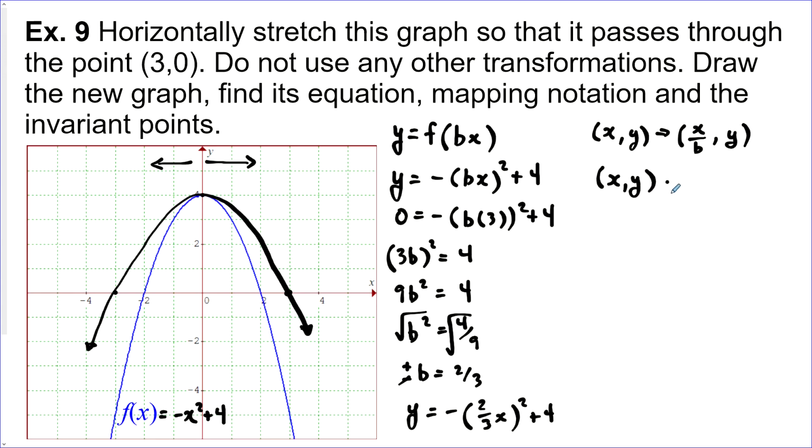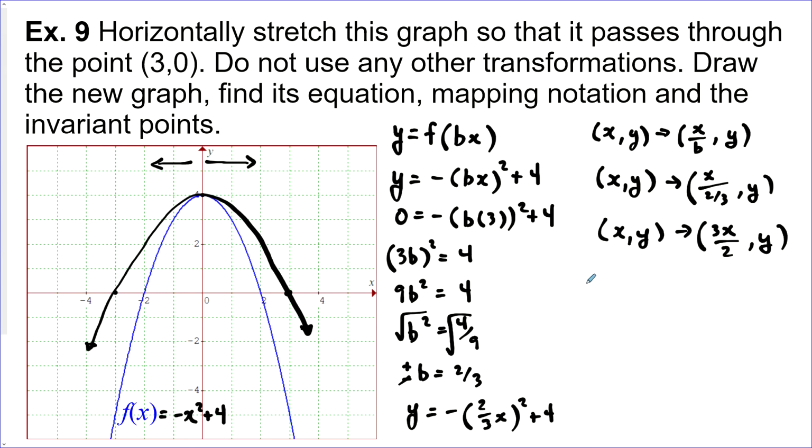So let's put in the 2/3. And we got to clean this up because we don't like fractions on fractions. So x, y is mapped onto 3x divided by 2y. Now this actually works.